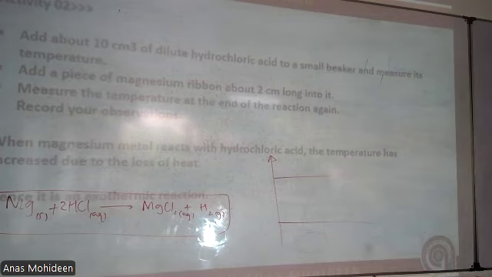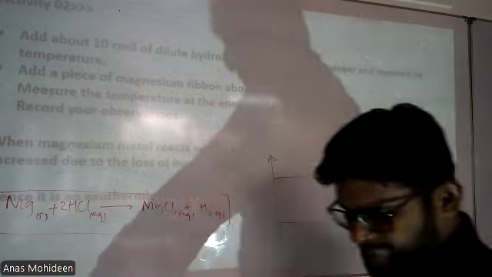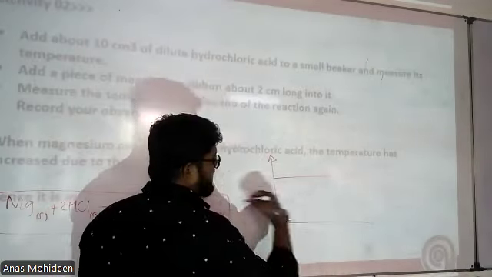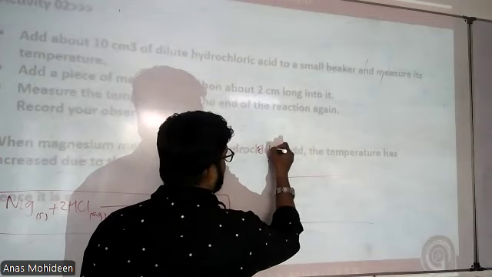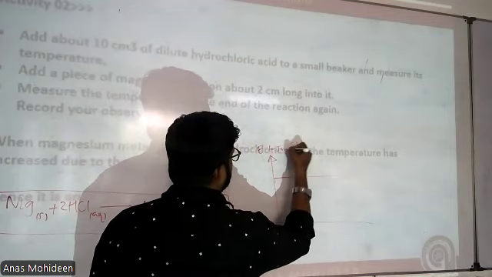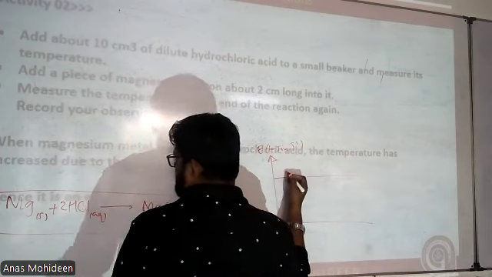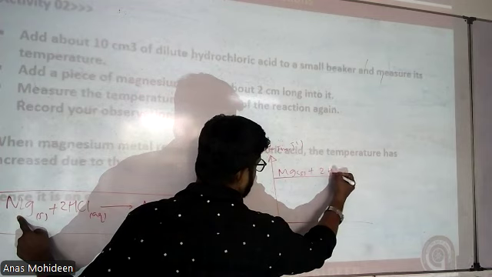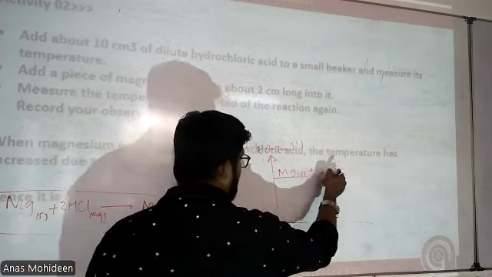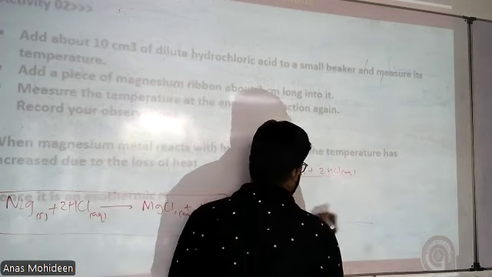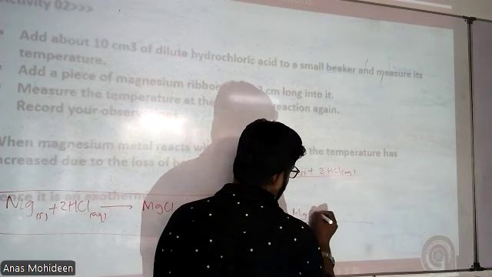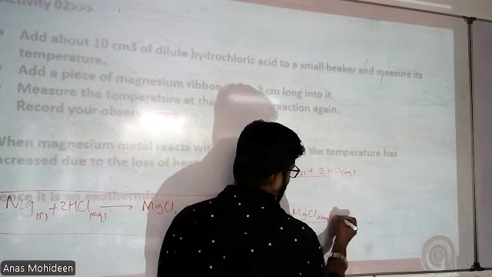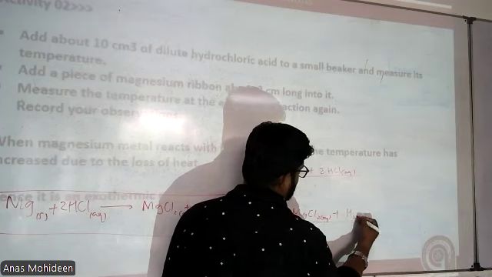How do we do it? Exothermic reactions, reactants are more. Who are the reactants here? Magnesium, with the state you have to write. You have to balance, and the balanced equation is what you are supposed to write here. Then magnesium chloride, it may be solid or aqueous, and H2.